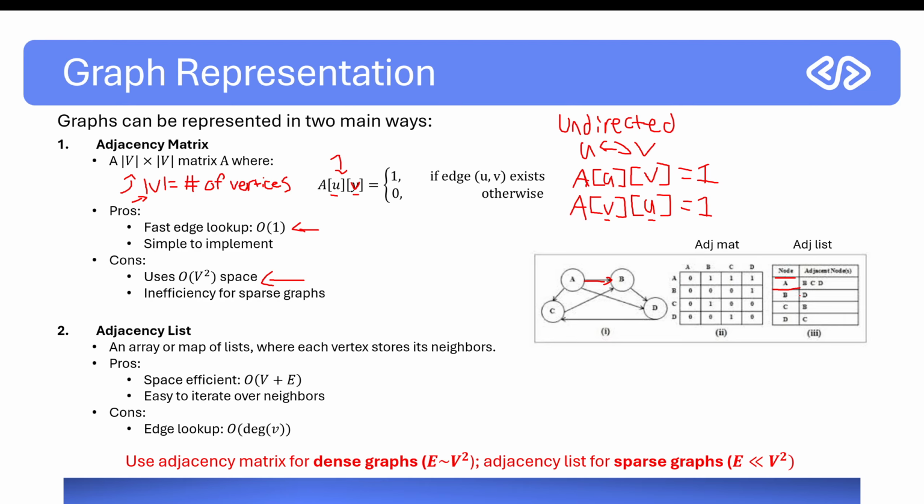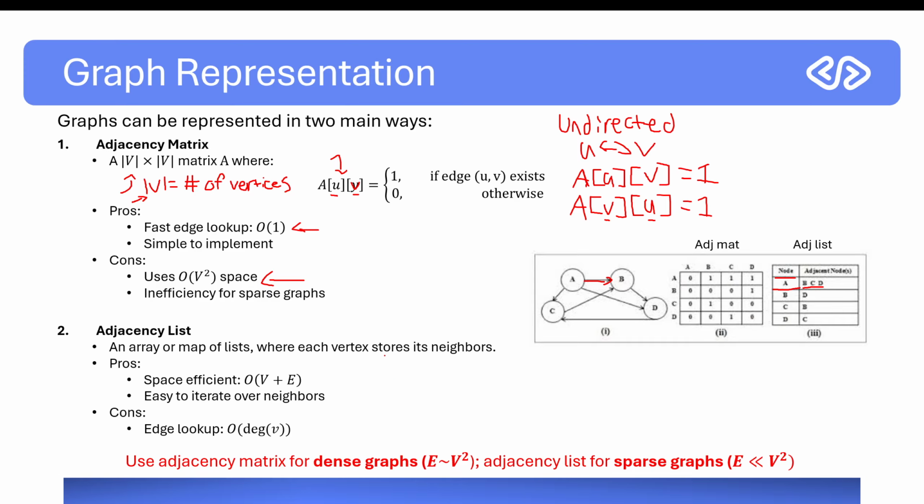The list is storing the relative adjacencies. So at A, we just have a bag or a collection or dictionary of the relative connections there.